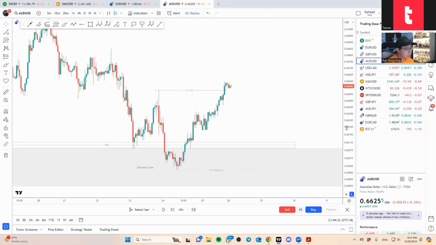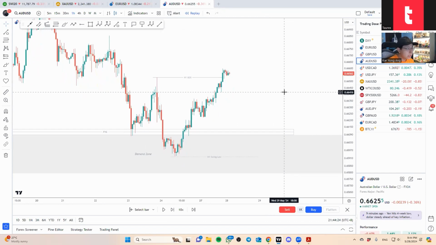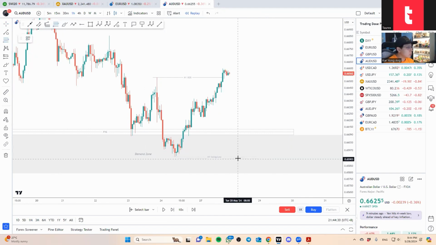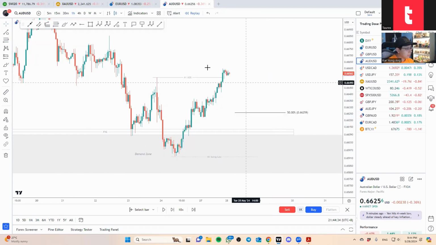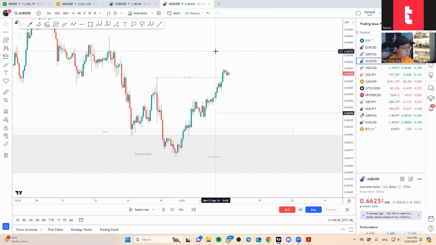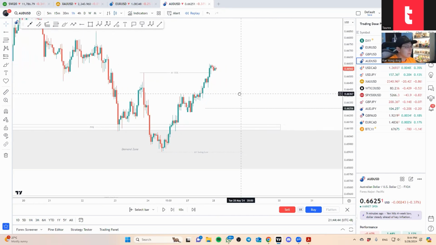Now, if today you want to look for a buy opportunity using the H1, same process. If today the market is here and it starts to pull back, we do a discount and premium zone. So if today we want to be buying, because on the H4 we have a bullish market structure, and on the H1 we have just transitioned into a bullish market structure.